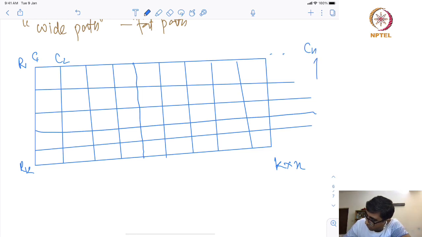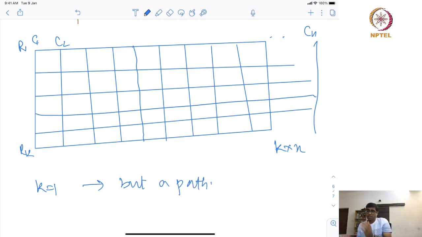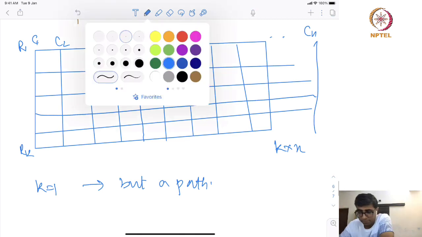This is why I'm going to call it a k cross n grid. So notice k equal to 1 is nothing but a path. And now notice that here we may not have one vertex.